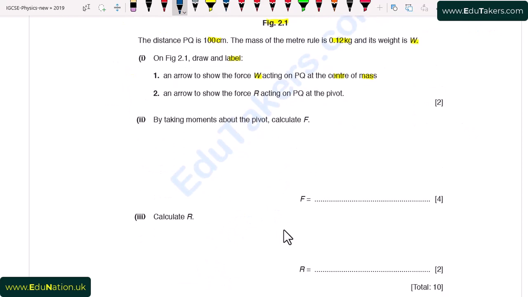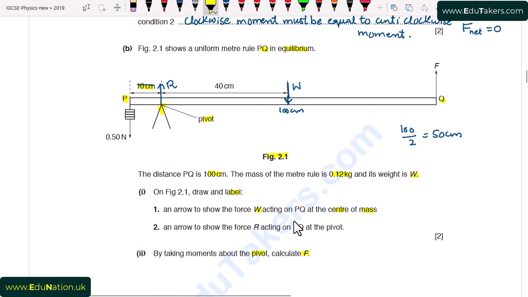Part 2. By taking moments about the pivot, calculate F. So going back to the diagram, we can see that there is a force that is acting in upward direction and there is also the force here that is acting in downward direction whose magnitude is 0.50 newtons. We have to calculate the magnitude of this force.